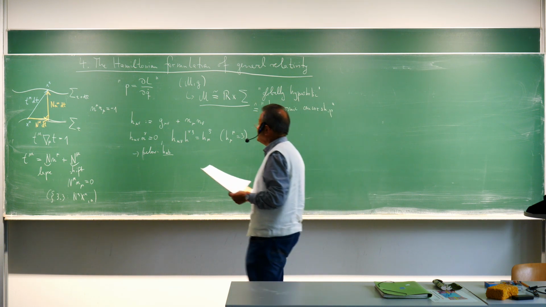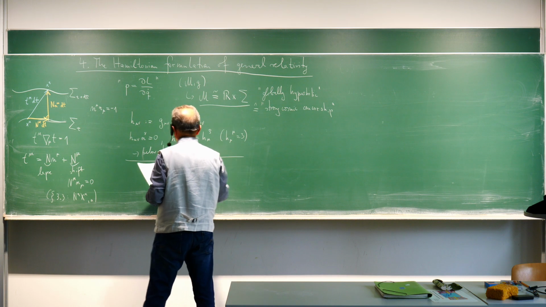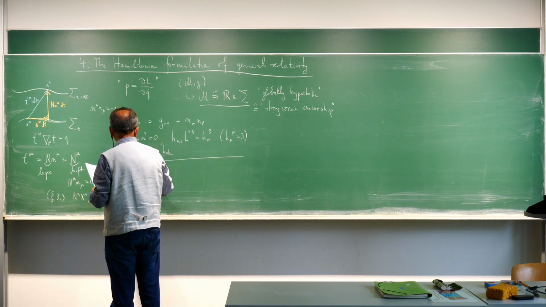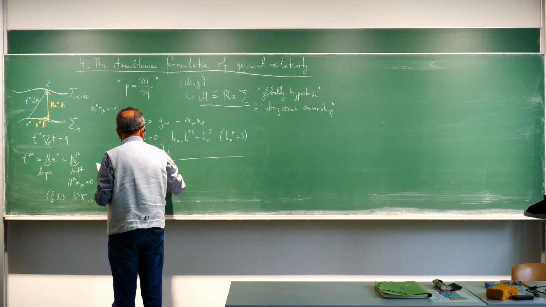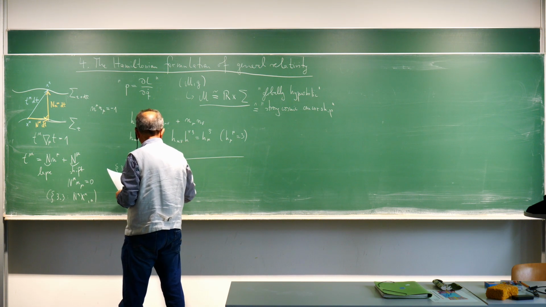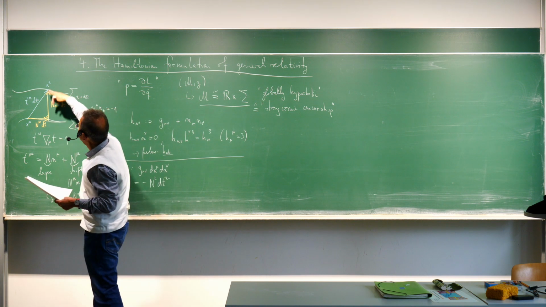Also last time we had then the line element, so also in paragraph 3c, so we have g_μν dx^μ dx^ν written as minus N squared dt squared. That's the part here.